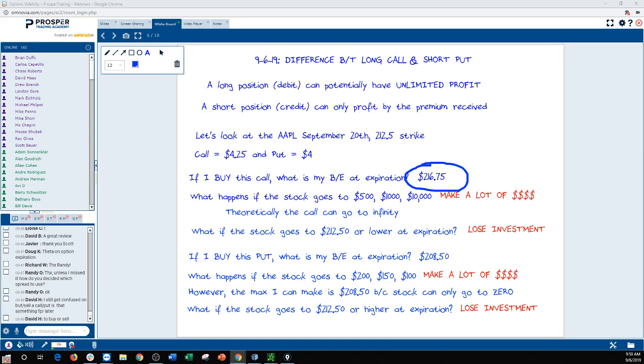A lot of that depends on other factors such as implied volatility and support and resistance, as to what we're looking for in a stock. It's not a one size fits all type of thing.